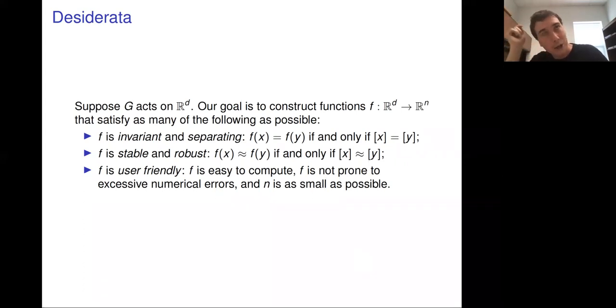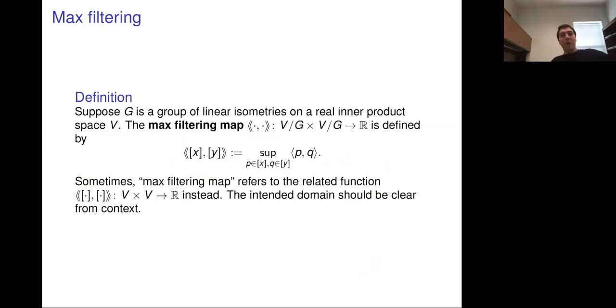Like when I was talking about this notion of separating sets, you could always get into a dimension of 2D plus 1. And on the previous slide with phase retrieval, in the complex case, you could always get to 4D minus 4, and in the real case, 2D minus 1. So in all of these cases, you're ending up in a dimension that's linear in the dimension where you started out. And if that's possible, I would like to have that.